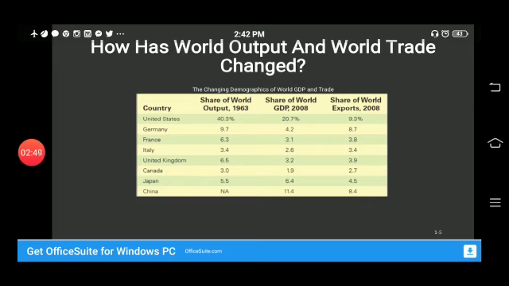As you can see, the US, despite its decline, is still the world's largest exporter. However, China has emerged to challenge the US for this position.